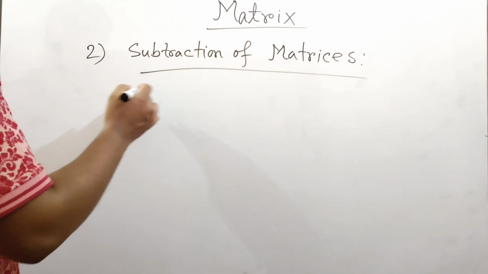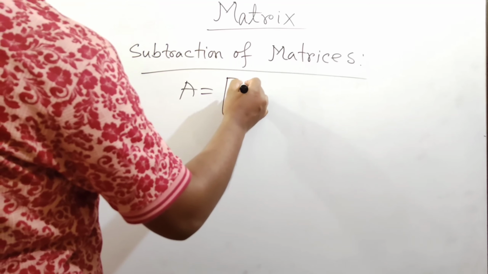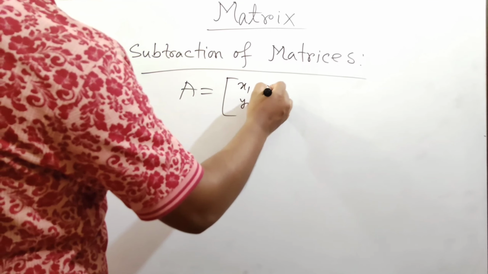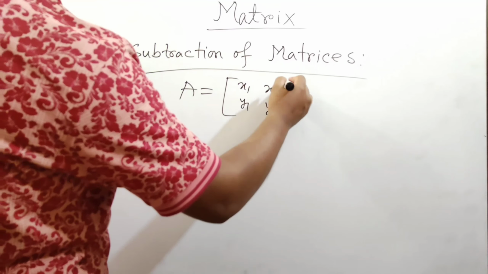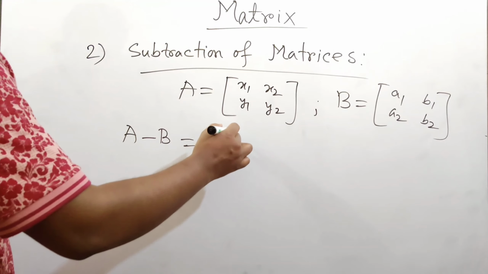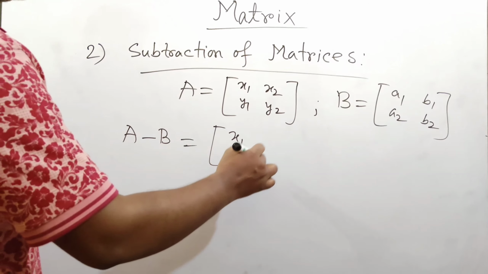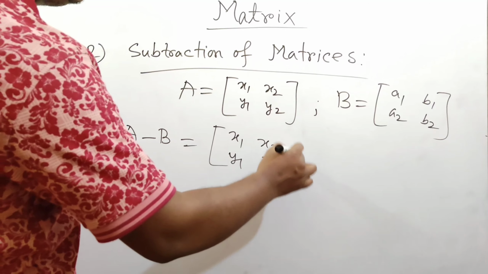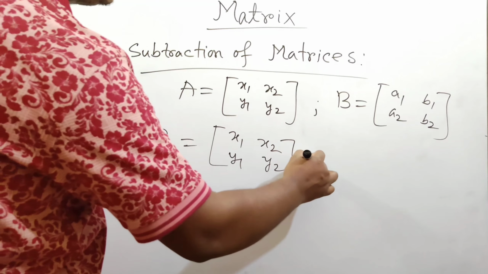So if one matrix is given like x1 y1 x2 y2, and another matrix B is given as a1 a2 b1 b2, and you do the subtraction, that is A minus B, then here it should be x1 y1 x2 y2 minus the B matrix a1 a2 b1 b2.